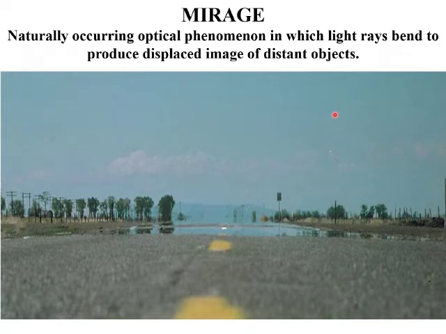Now, mirage is an optical illusion which takes place where we find that the light rays are bent, and they are bent on account of refraction of light and they produce displaced image of the distant objects. Let us try to understand it with some examples from our everyday life.